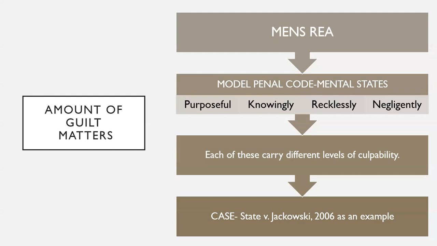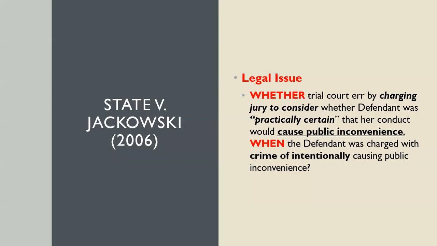Okay, let's go to another case that further illustrates and explains that the different level of culpability matters. The different level of culpability matters. Let's turn our attention to the State v. Jakowski case. That's a 2006 case, State v. Jakowski.